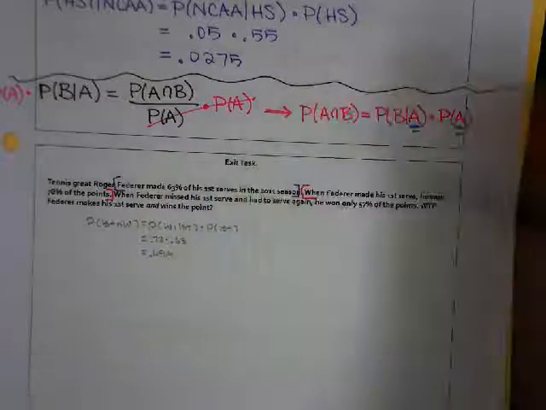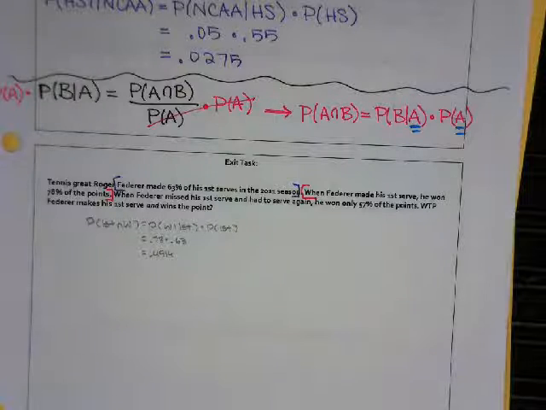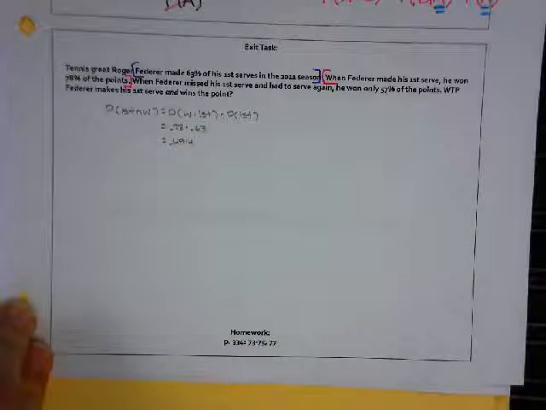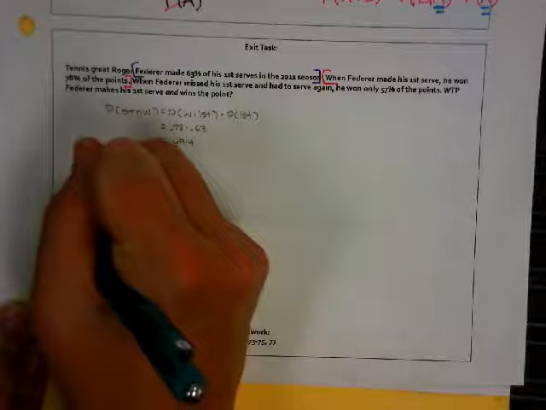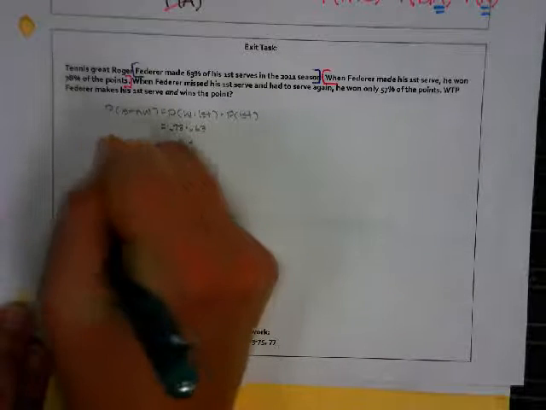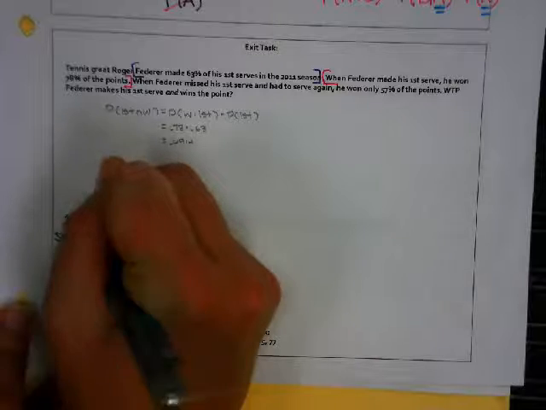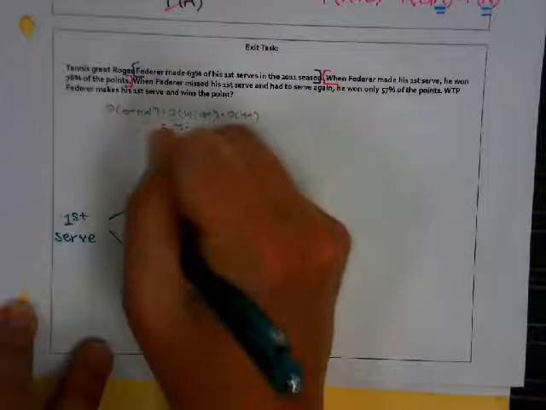Those of you that were working with the tree diagram, again, this first word that you put here really doesn't matter. When I made mine, I said first serve. And he either makes it or he misses, right? That's easier than saying not make. So miss or make.